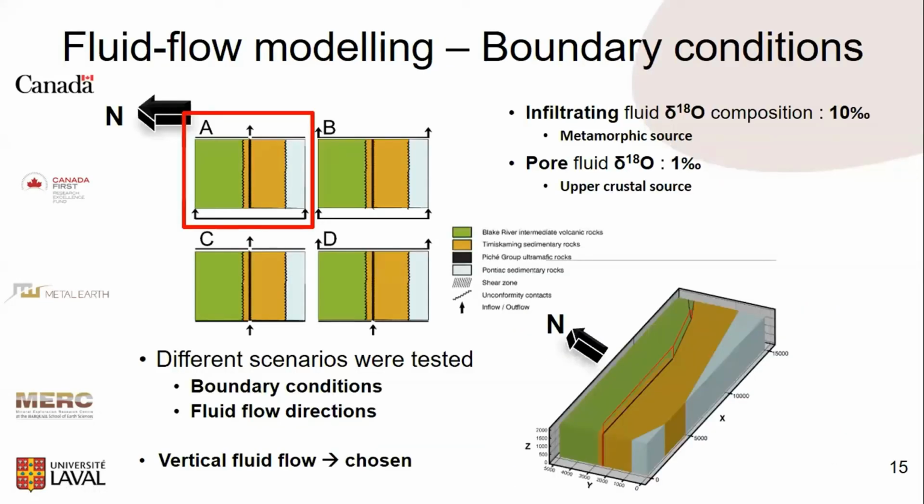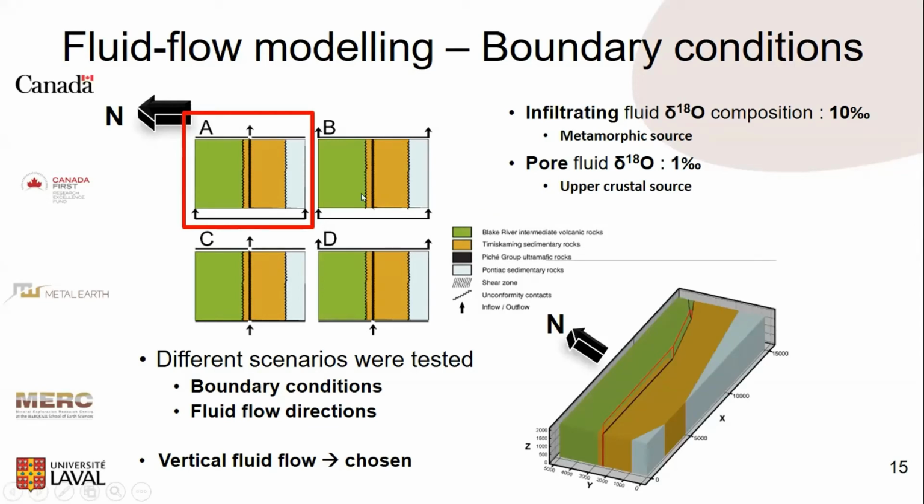So before modeling, we needed to find the appropriate boundary conditions for the model. So we gave the model an infiltrating source of 10 per mil, which is the metamorphic source, and a pore fluid composition of 1 per mil, which is the upper crustal source.